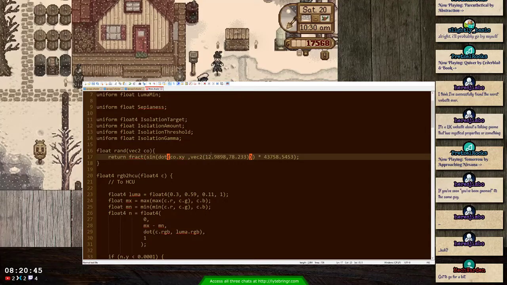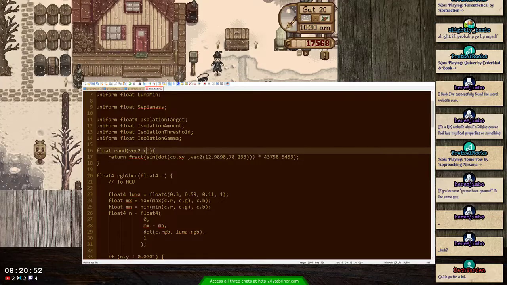But I don't necessarily know the range over which it's given, so I'm gonna have to take a look at what we get from this. So we're gonna save this, and then reload our shader, make sure it doesn't break everything.